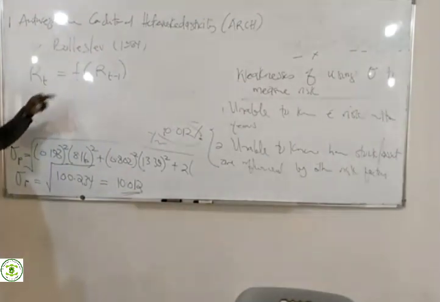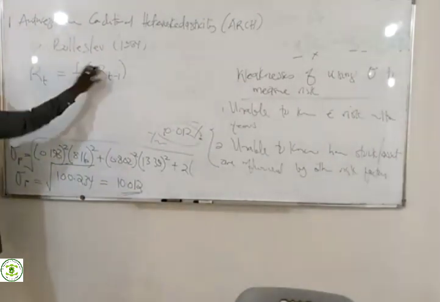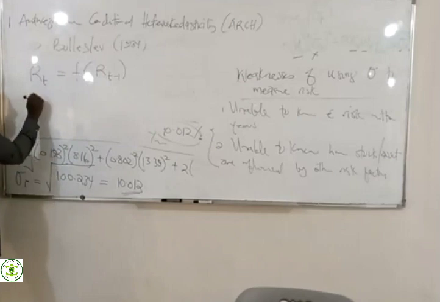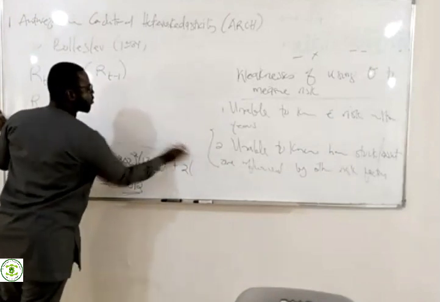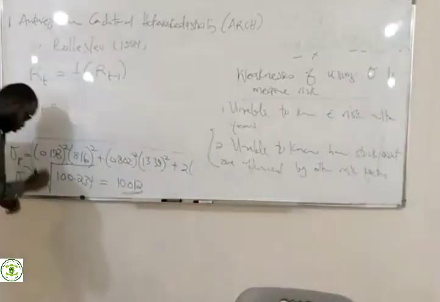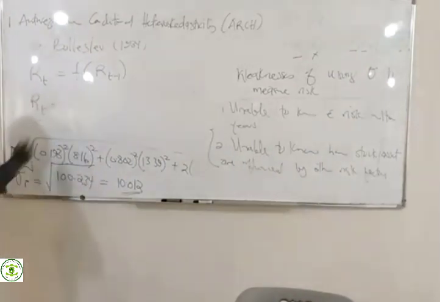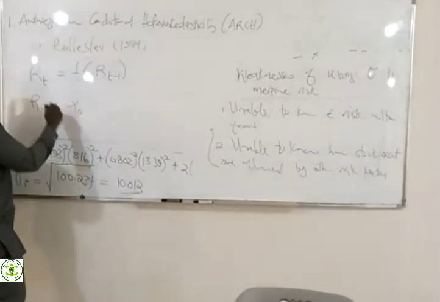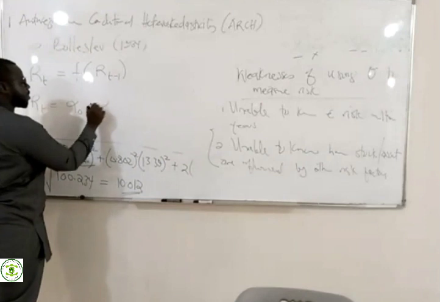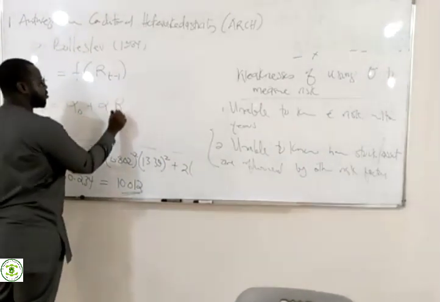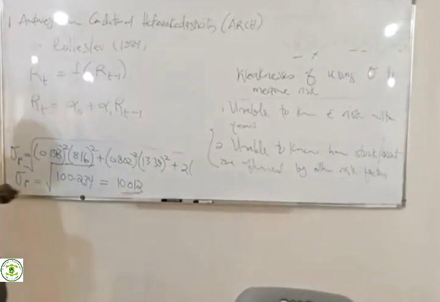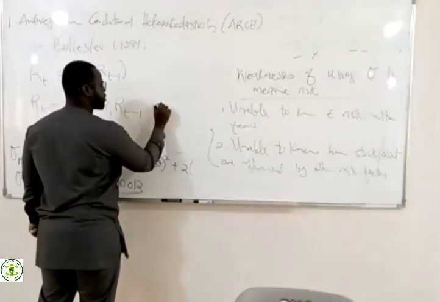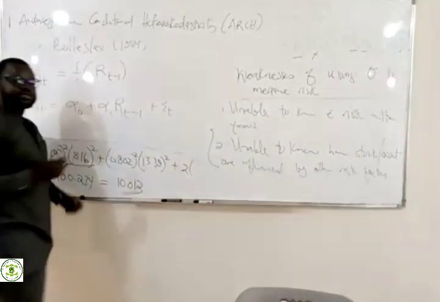So in this particular case, we have what is called the return equation, which will be equal to a constant, plus how much you made last year, plus other factors.